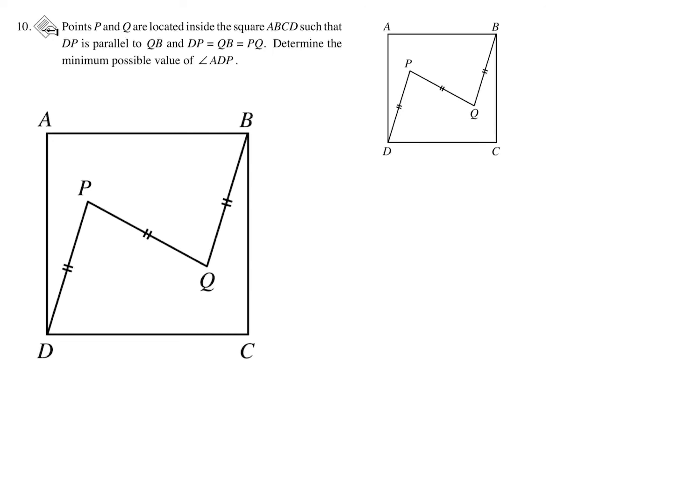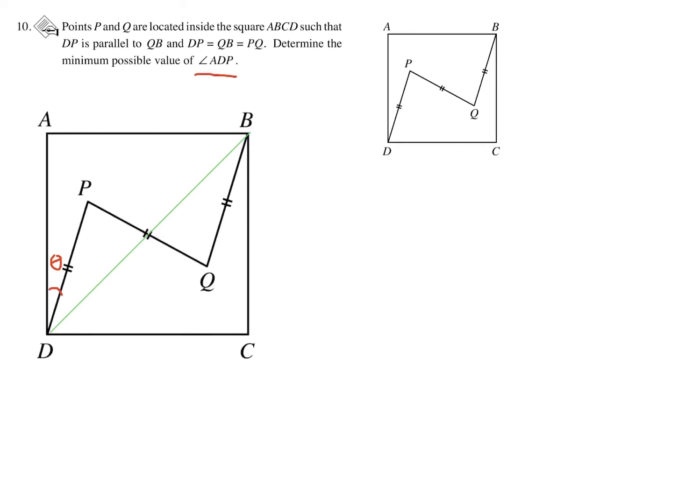First thing I'm going to do is draw a diagonal from D all the way to B like that. Okay? And next I'm going to label some angles here. We are interested in angle ADP, this one right here. So I will call that theta. All right?